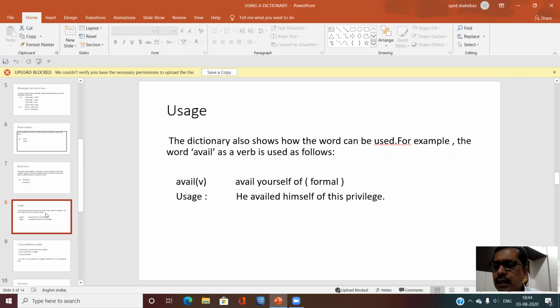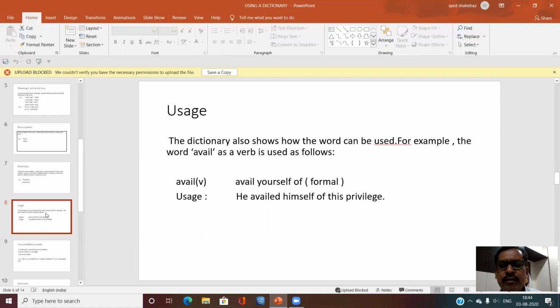The word avail is a verb. Avail takes a reflexive pronoun. Usage is given: avail yourself of.